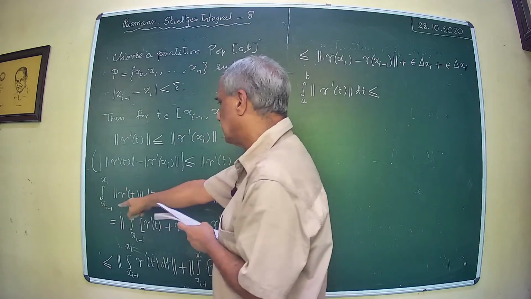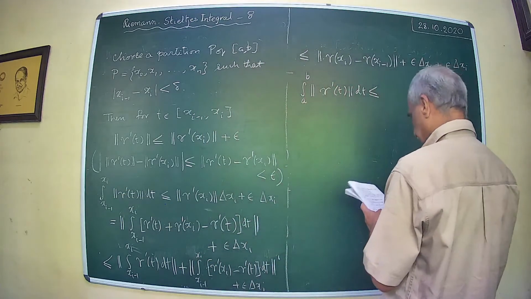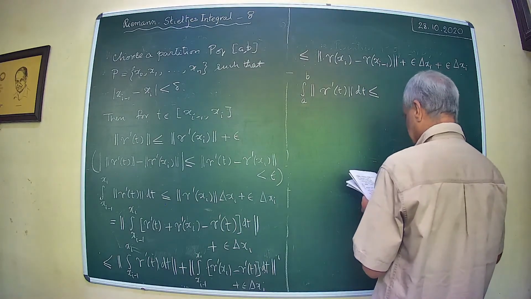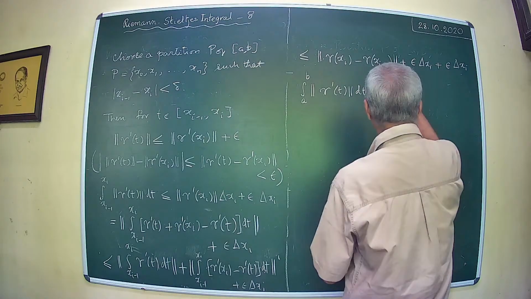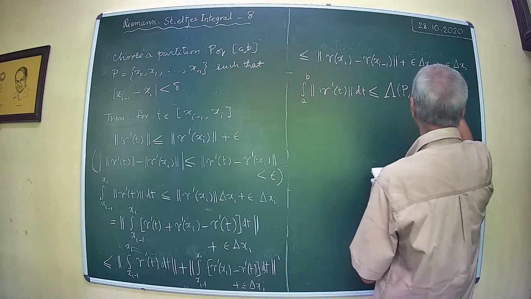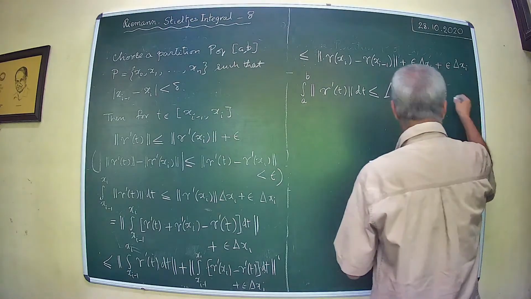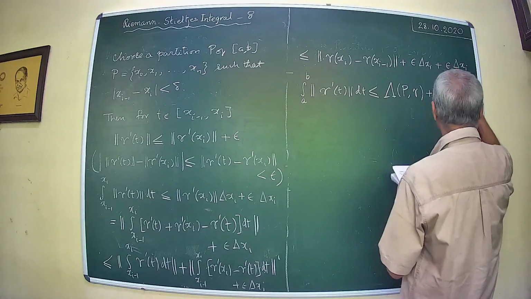For each partition you get this inequality, this is less than or equal to this. So we get this less than or equal to what one gets. This term is lambda of gamma, and this will give you twice epsilon times b minus a.